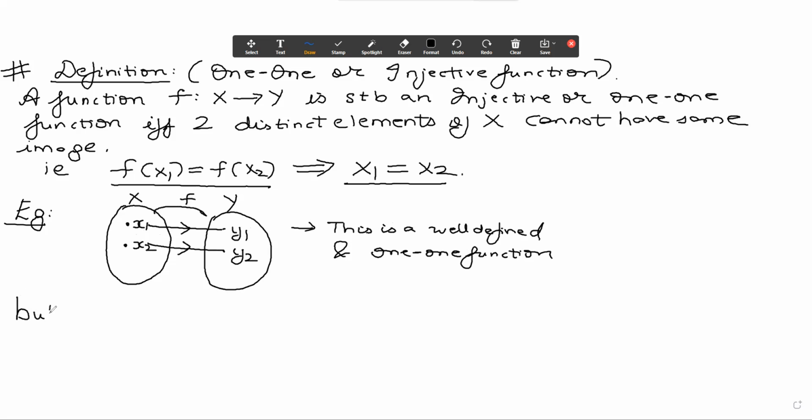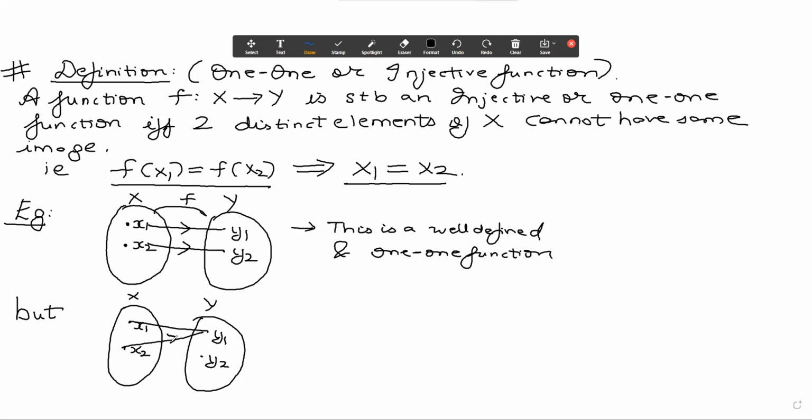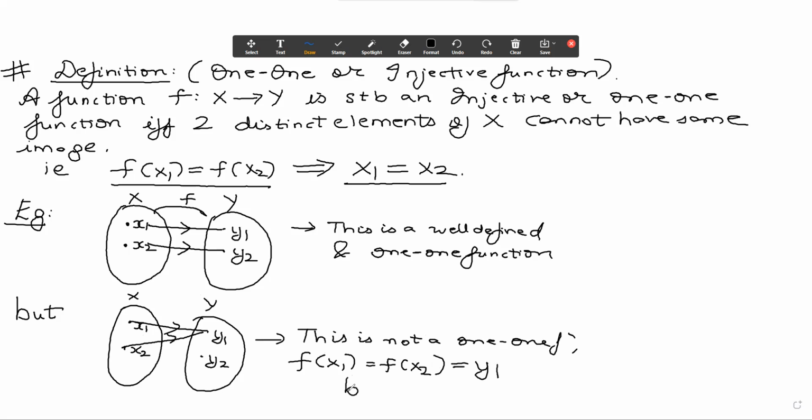But if I take this case, suppose I take this case, this is not a 1-1 function. Why? Because two distinct elements of X have the same image, but x1 is not equal to x2.